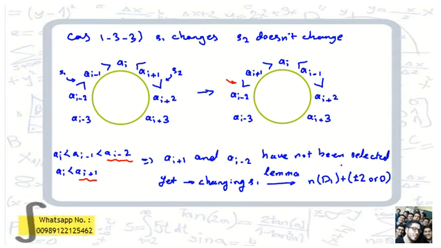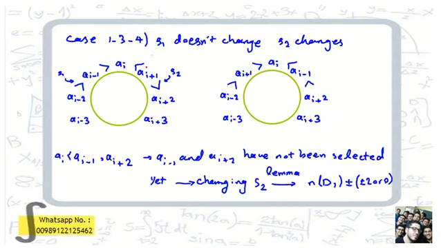Now let's consider the last case, case 4. S1 doesn't change and S2 changes. So if we don't change this one, let's consider the orders. a_i is less than a_{i-1}, and also a_i is less than a_{i+2} by this case.